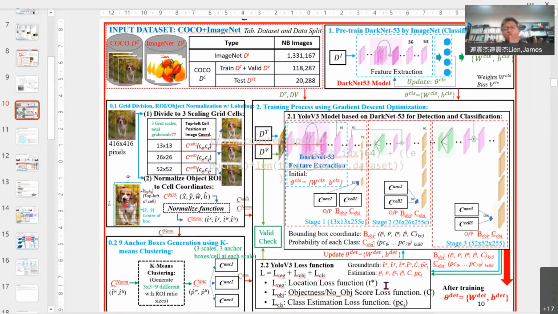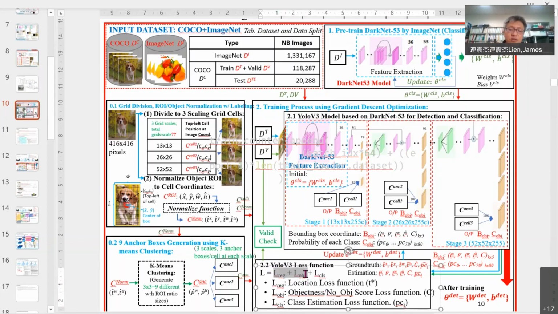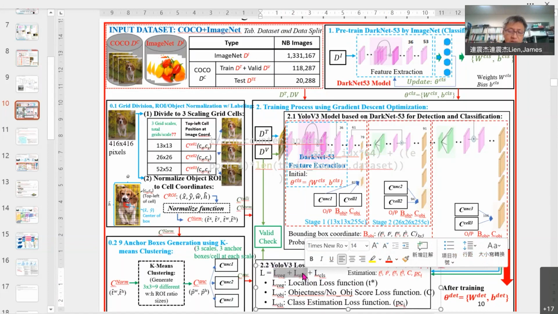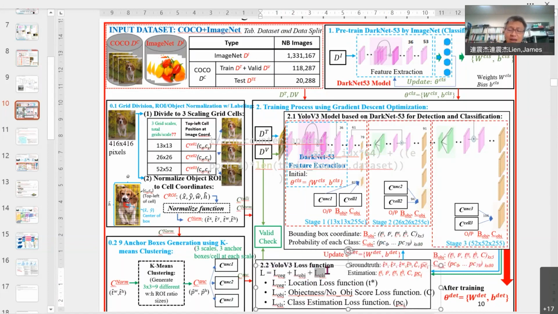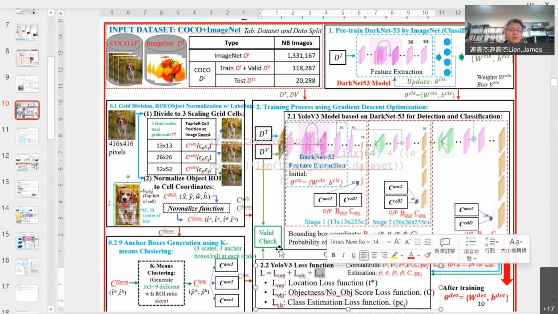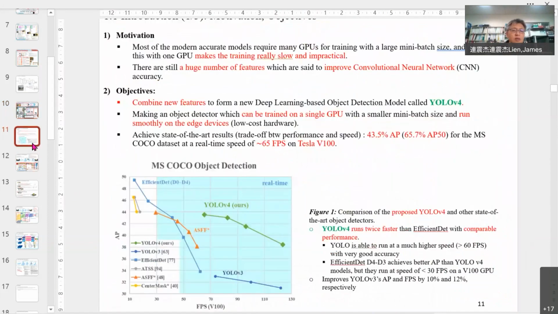RetinaNet has a focal loss. They do a good job on the loss function. So they have a regression for the bounding box. They have an objectness, foreground and background. They have a classification. So the first two are for the bounding box, and the last one is for the classification. Okay, we keep going.